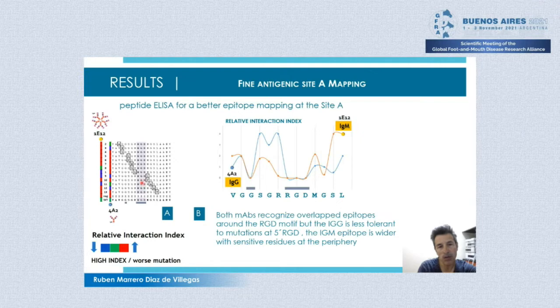And here is a summary of that, where in blue we have the IgG that displayed a more sensitive pattern around the RGD motif. Both might recognize overlapping epitopes around the RGD motif, but IgG is less tolerant to mutation at that point. The IgM epitope is wider, with sensitive residues at the periphery.